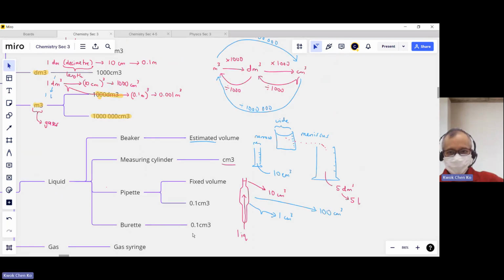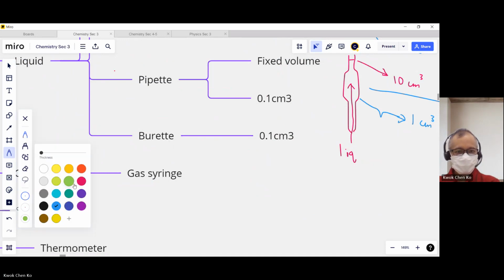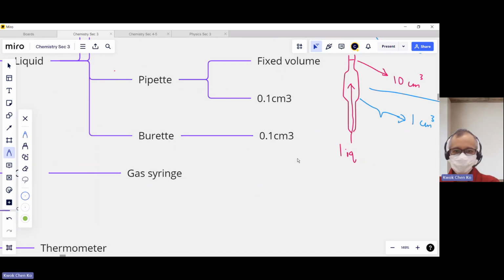And the last piece of apparatus that you need to know will be the burettes. So this is the burette. It's almost a straight tube, except at this point there is a valve.